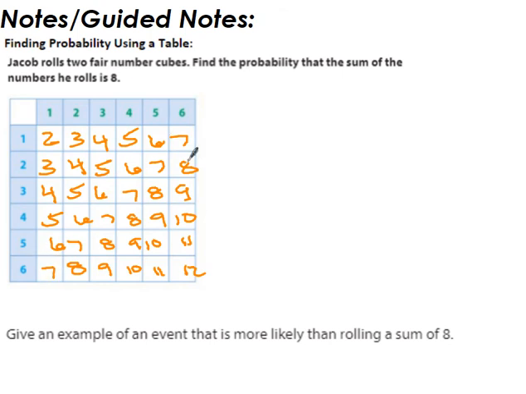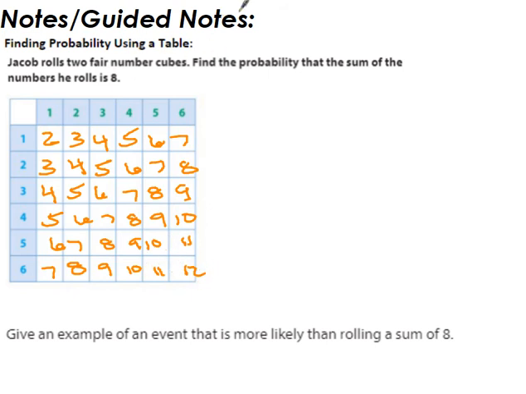And we notice 7 is the number that shows up the most. So that means when you roll 2 dice, the probability of rolling a 7 is greater than anything else. And then we go back down: 5 possibilities for 8, 4 possibilities for 9, 3 possibilities for 10, 2 for 11, and 1 for 12.